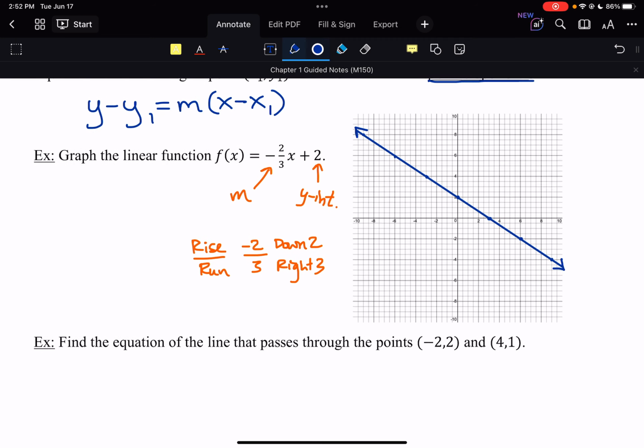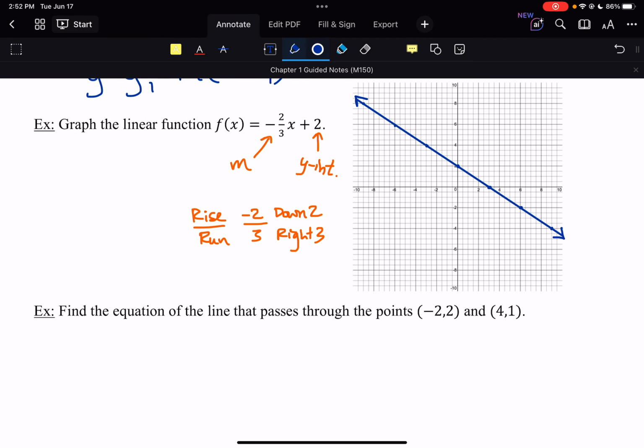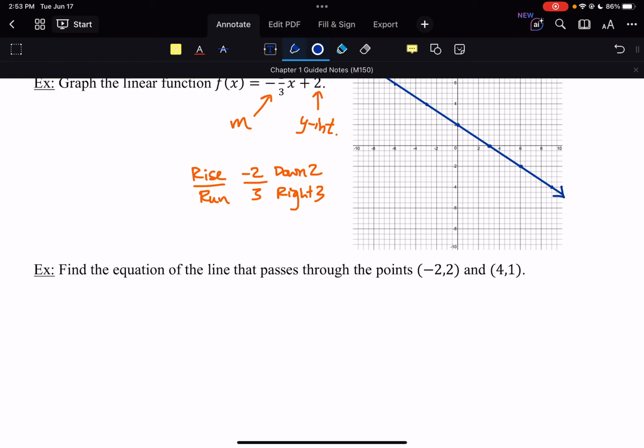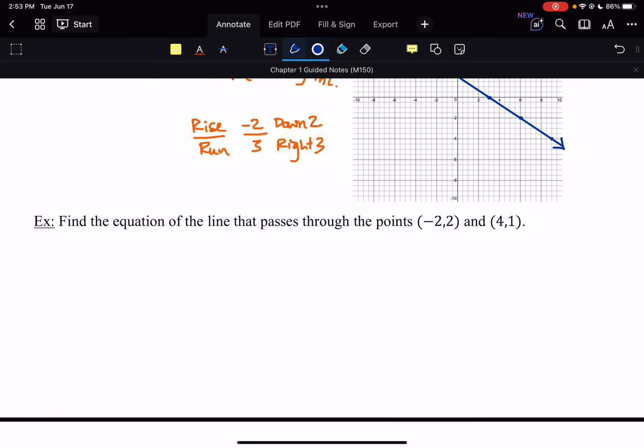We can also take either a graph or just even 2 points that we know are on a line, and we can come up with the equation of that line from these points. So in this example, we have the points -2, 2 and 4, 1, and we want to find the equation of the line that passes through them.